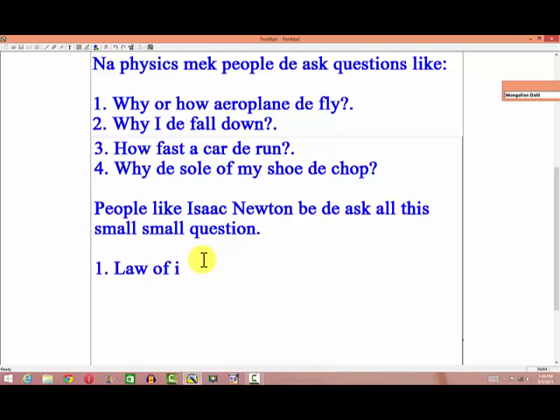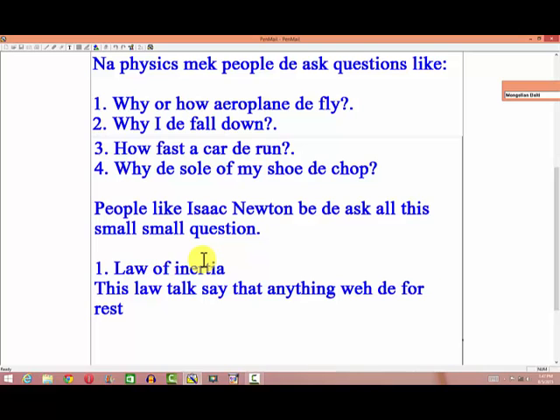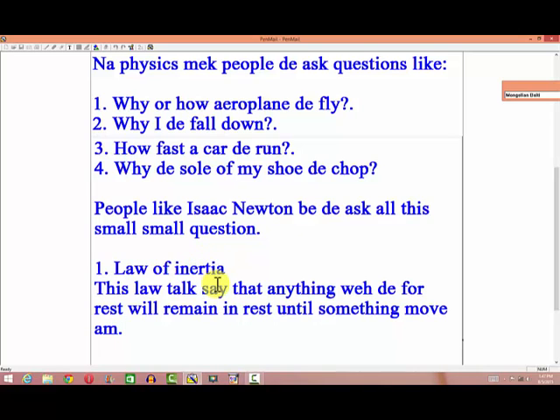This law talks that anything where there for rest will remain in rest until something moves it. For example, if you keep a ball in one place, unless somebody kicks it or breeze blows it or anything else makes it move, the ball will continue to stay there forever.